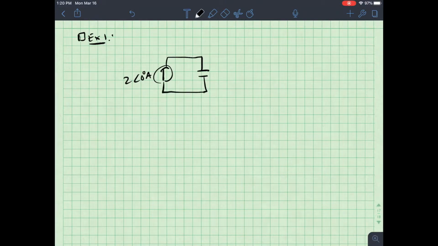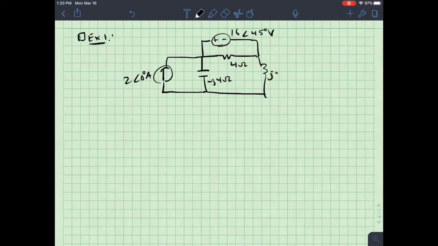Alright, so I've got a 2 amp source, minus j4 ohms on this capacitor. I've got a nice resistor here, it's 4 ohms, and then I've got probably the meanest thing, a voltage source up here, 16 angle 45 degrees volts, and then an inductor which is j8 ohms, and then a resistor here which is 16 ohms.